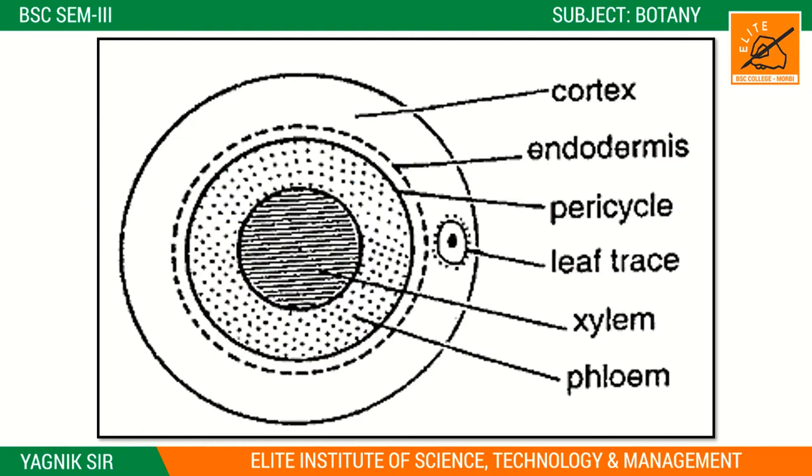So the leaf trace is the connection between stem and leaf, connecting the stem's vascular bundles and the leaf's vascular bundles directly, right?